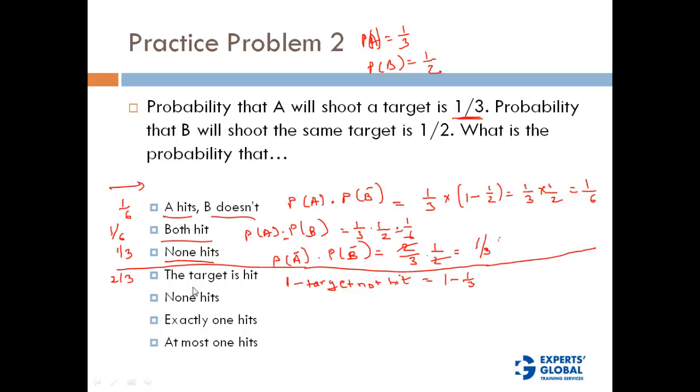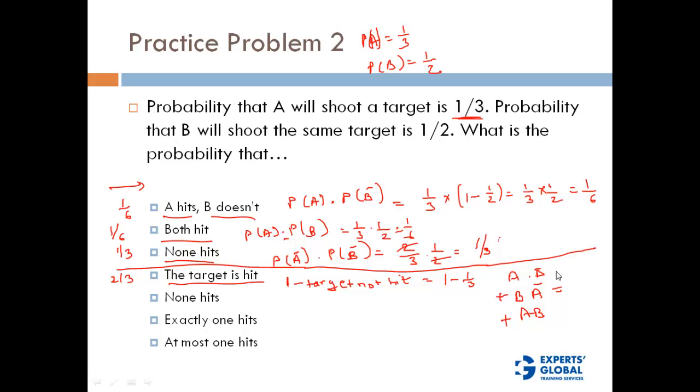Another way to do that is to figure out in what ways this can happen. Target is hit means A hits and B doesn't, or B hits and A doesn't, or A and B both hit the target, right? So let's find out. This way also you should get the same answer.